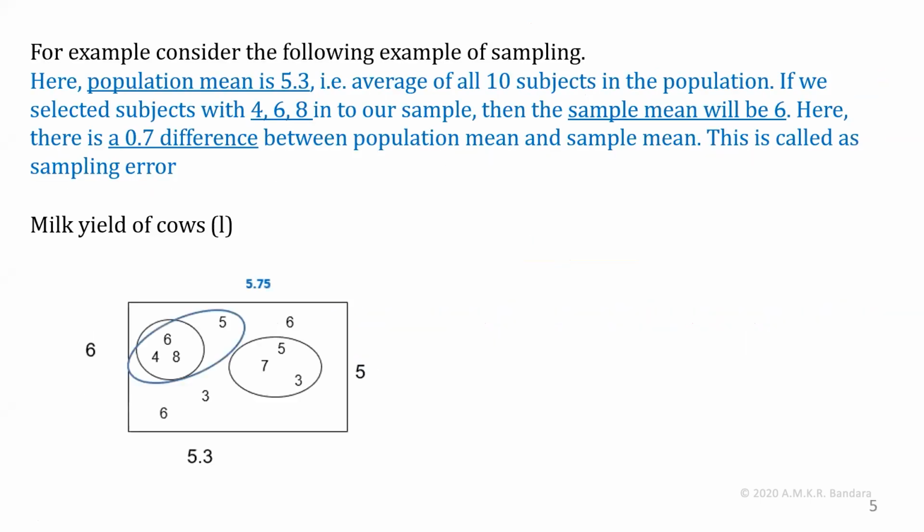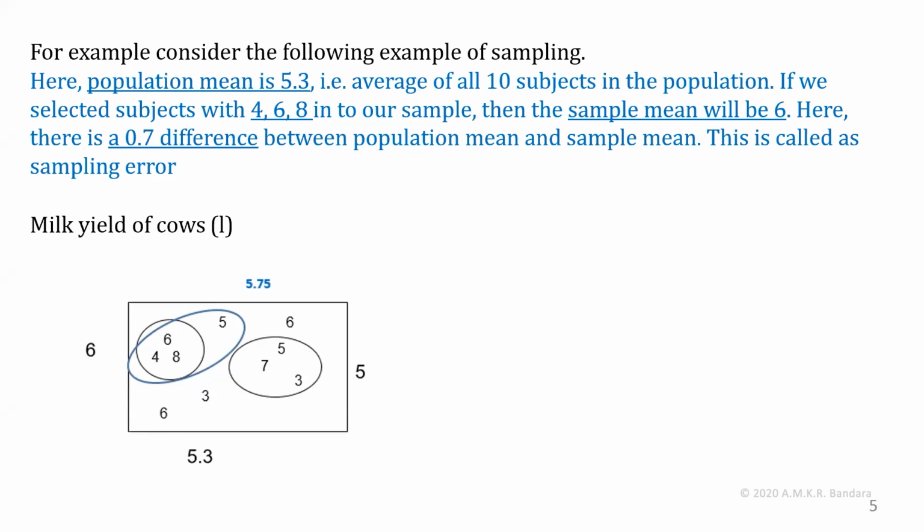For example, consider these 10 animals in a farm, with the milk yield of each animal given. If we calculate the average milk yield of all the animals in the farm, it will be 5.3. So I have defined my population as all the animals in the farm, and my population mean is 5.3.